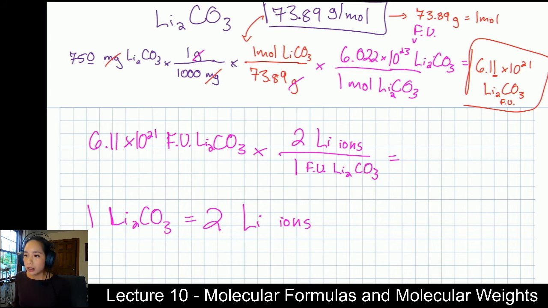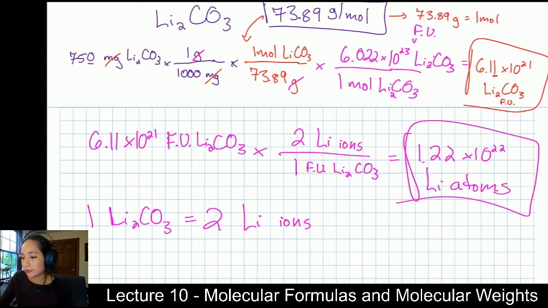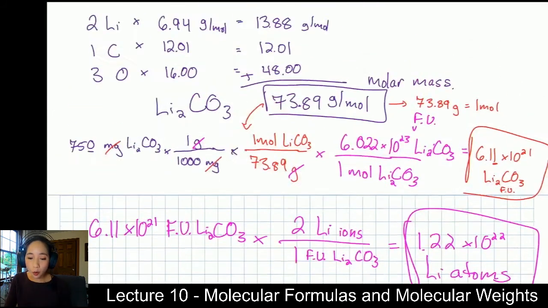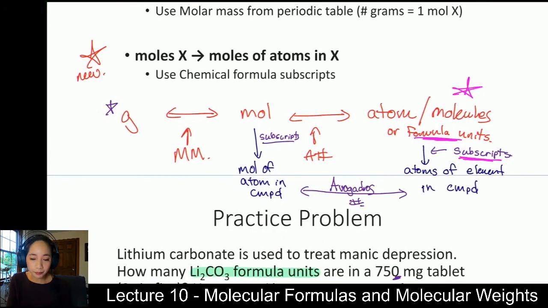Just multiply that number by 2, and the answer is 1.22 times 10 to the 22 lithium atoms. We essentially navigated the entirety of that quantity roadmap: grams to moles to formula units to atoms.